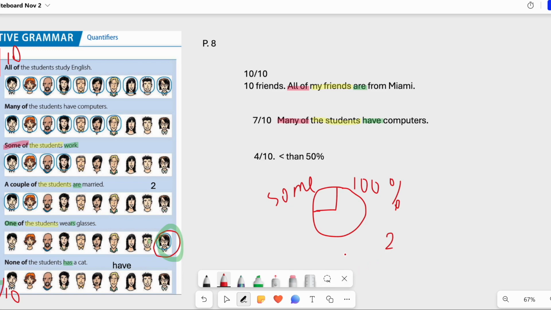All right? So again, for all of these here, you use plural nouns, and of course verbs, okay, in the plural form.